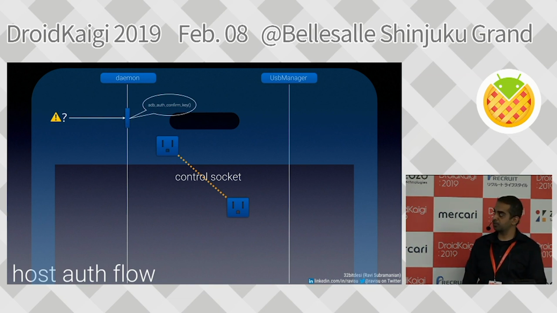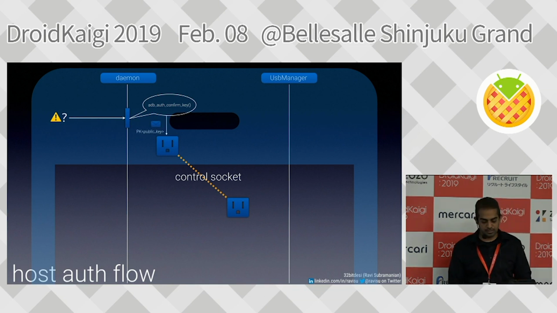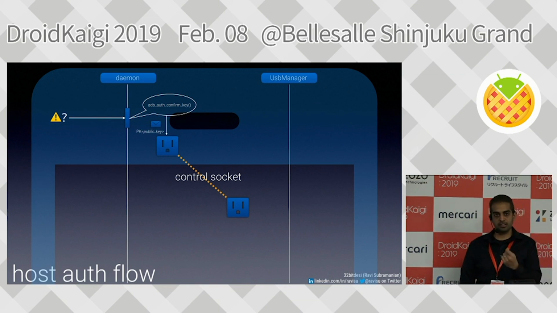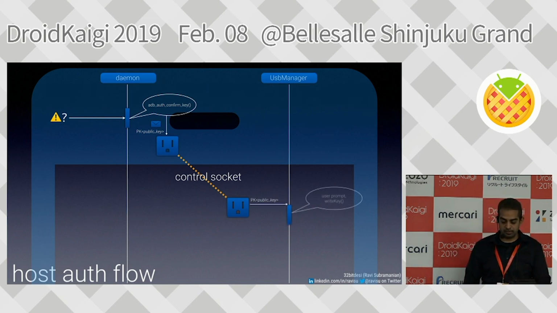So now when that public key gets sent over to the daemon from the server, it goes, okay, the dev box sent me a public key. Let's call ADB auth confirm key. So let's confirm this key. What it does is literally write the string PK followed by the public key signature into that socket. That actually gets read by the USB manager at the other end. So what it does there is a user prompt.